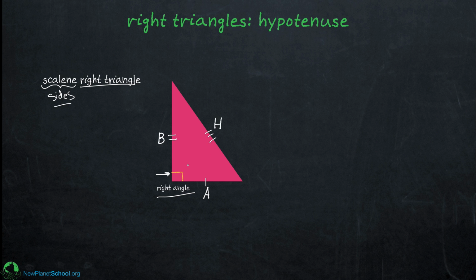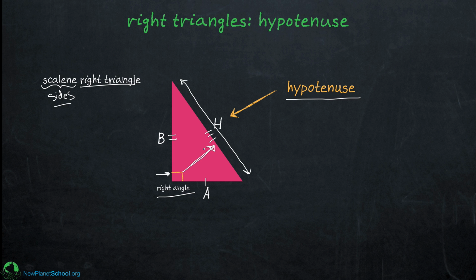And you're going to say, why did I choose H? A, B, C, not A, B, H. The reason for that is right triangles are so special that the side opposite the right angle has a very special name, and it's called the hypotenuse. This is a very important word to know, and it's important to know what it's referring to. It's the long side that's across from the right angle.